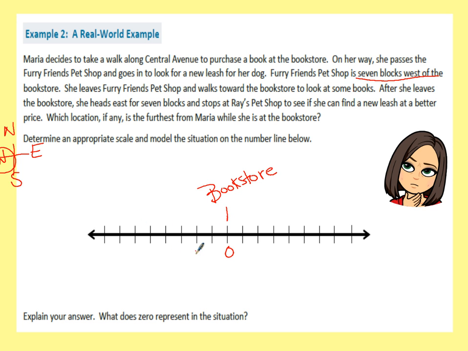So I'm going to have to number these. Ready? 2, 3, 4, 5, 6, 7. There we go. All right, and I'm going to plot my negative 7 because I went 7 blocks, and that is Furry Friends.